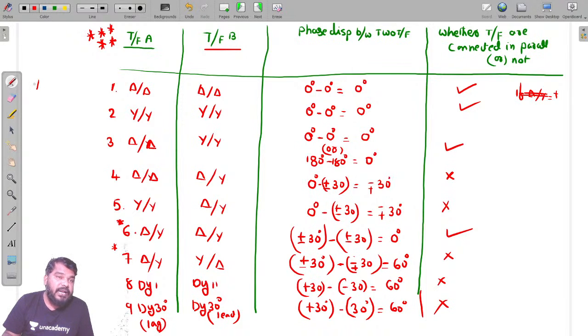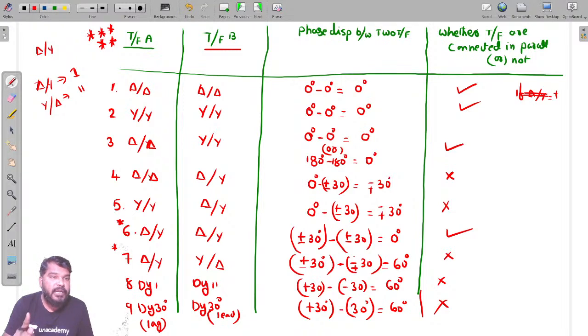So if it is delta star, suppose we get Dy1, and suppose we connect the reverse connection, that is Yd, then there is a possibility to get Dy11. So in delta star there are 4 possibilities to get the phase displacement.